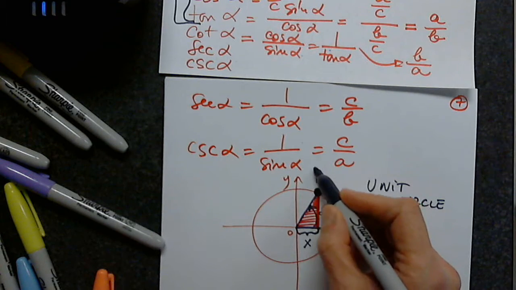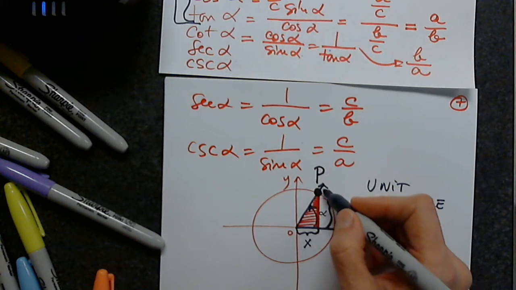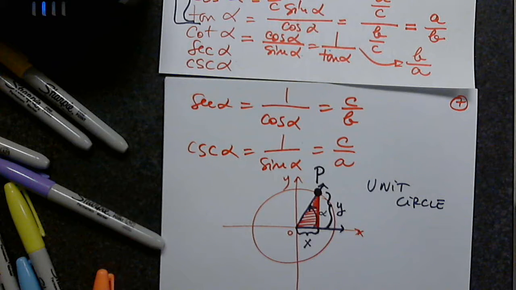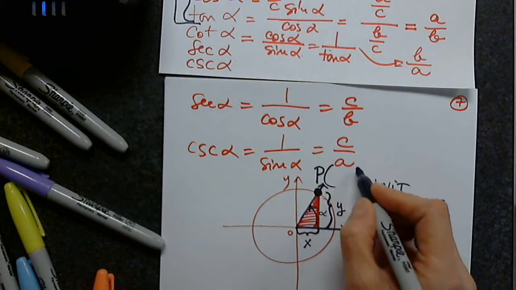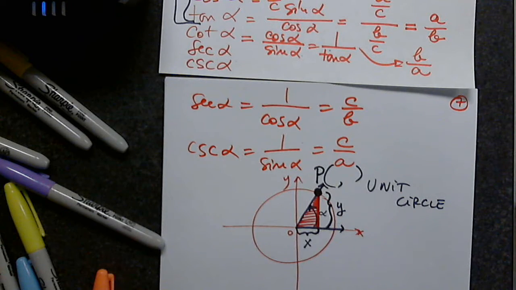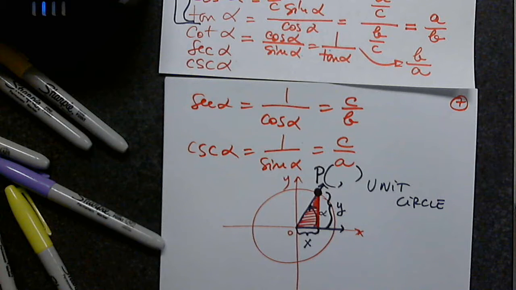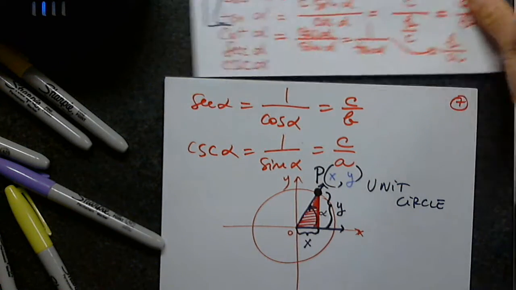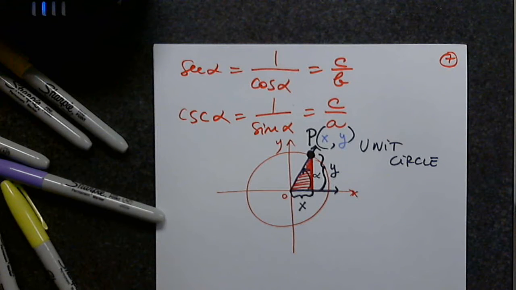We're going to call this point P. I would like to get the coordinates of P. What will the coordinates of P be? Of course, x and y. That's how we created point P. Perfect.